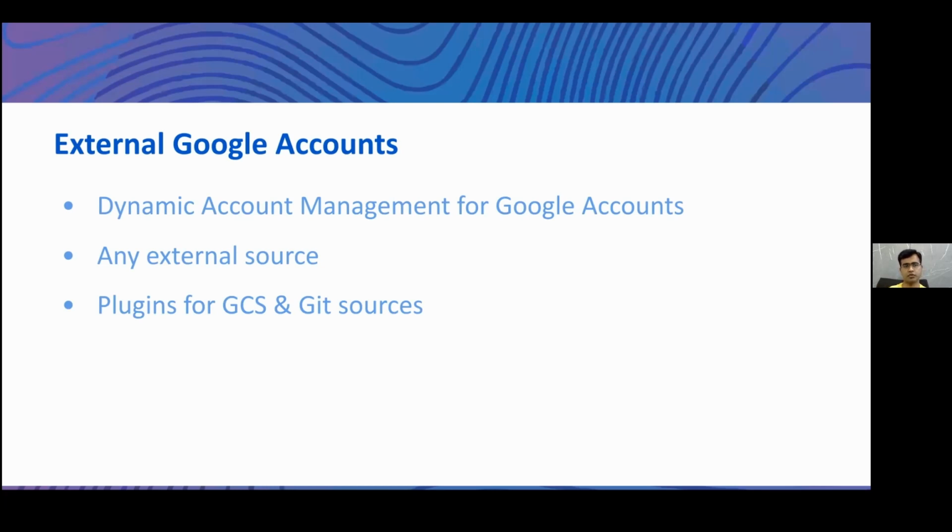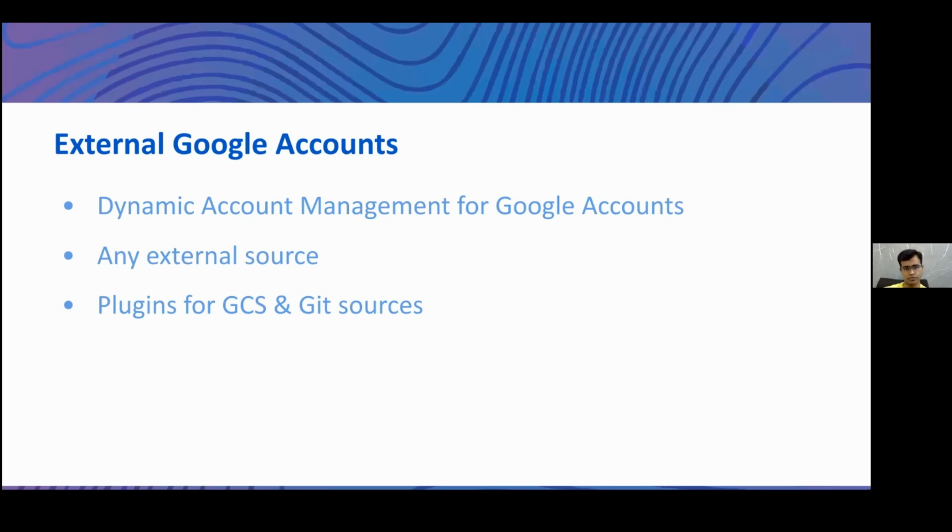You can have the accounts in any external source, and that can be loaded through a plugin. You need a plugin to make Spinnaker know where the accounts are. We have developed plugins for GCS and Git sources. That means you can have a file in a GCS bucket and use this plugin and supply certain configuration to make Spinnaker know where the account is.